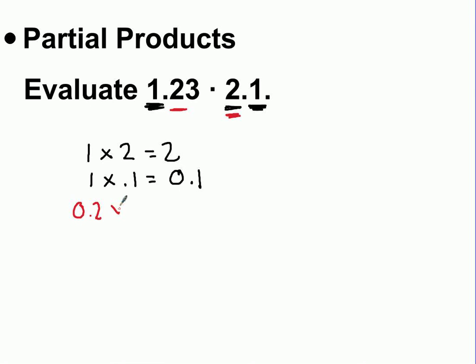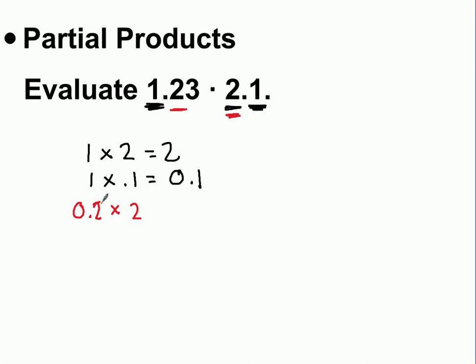So for example, I could go 1 times 2. I could go 1 whole times 1 tenth. And then I could go, oh hey, let me do 2 tenths times 2.